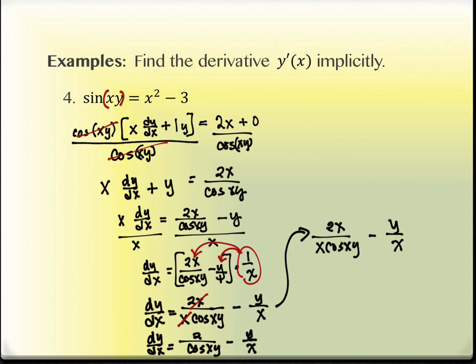We actually get a common denominator, which means I need a cosine xy over here, but the x is already there and in common, and I would end up getting 2x minus y cosine xy over x cosine xy. And this would be another equally correct version of a simplified answer.